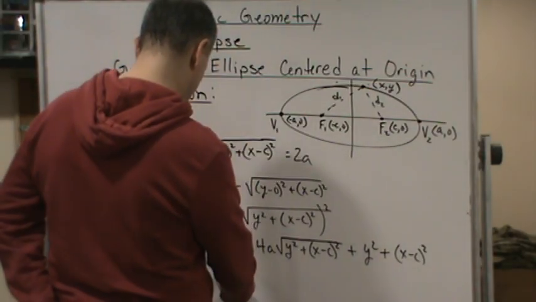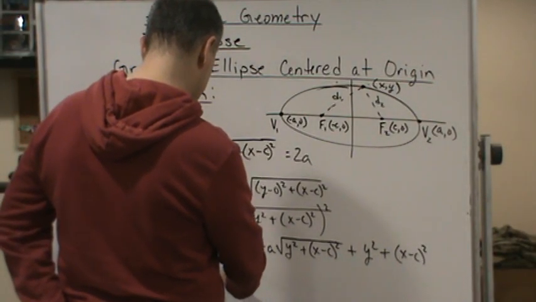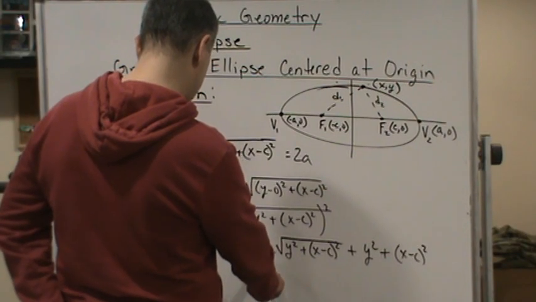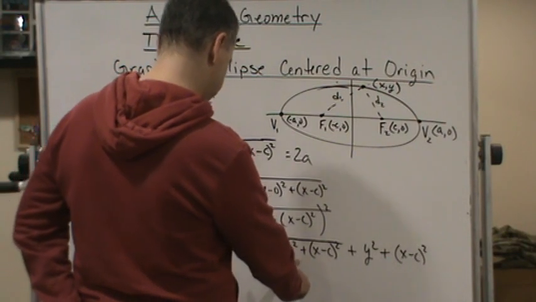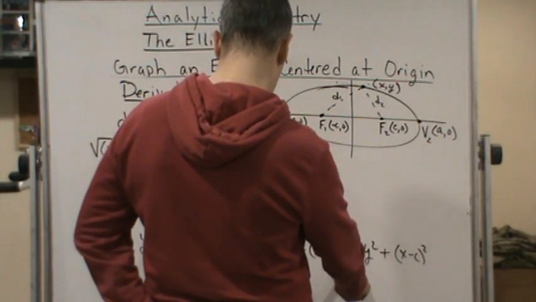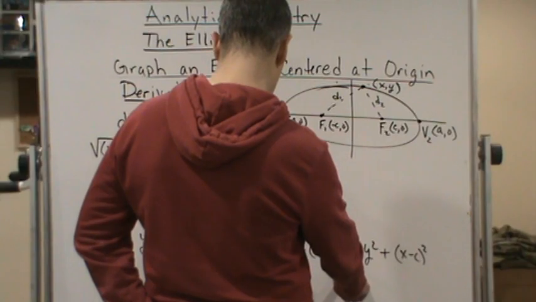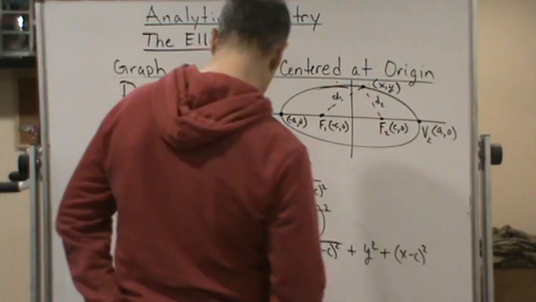So this is going to be 4a squared, and then we've got minus 4a times this, and then plus, yeah, that's right.